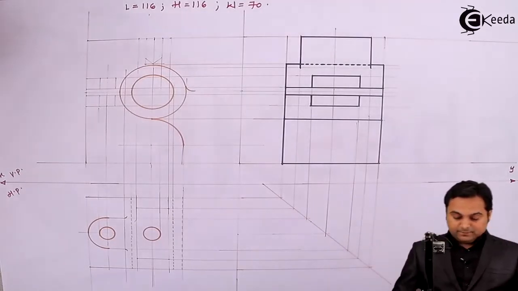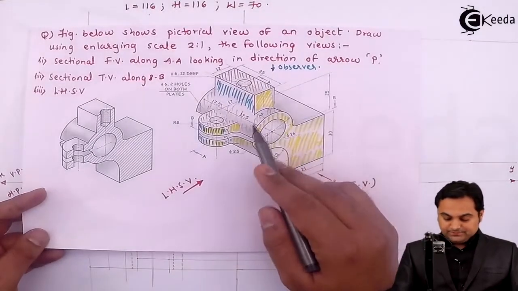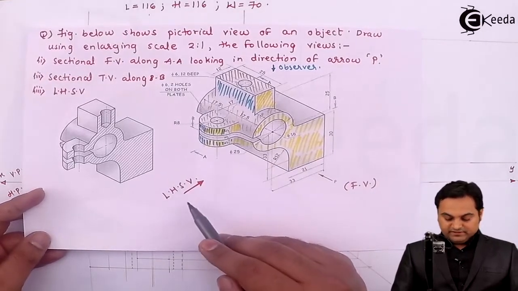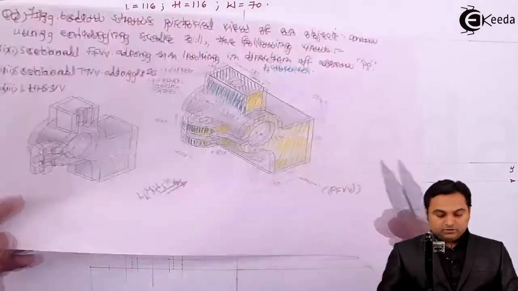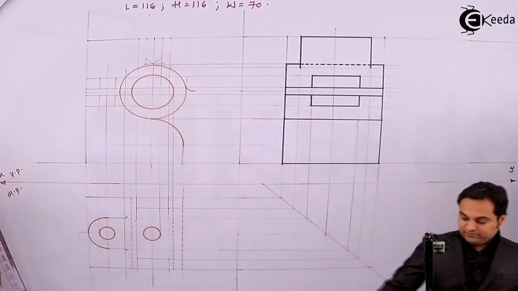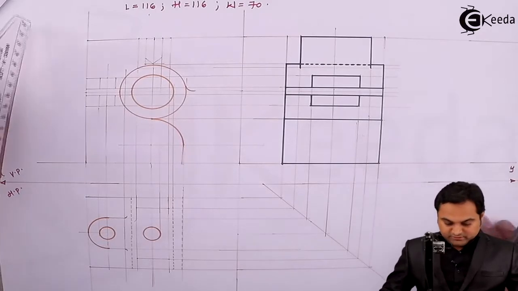Then after this, inside this cylinder there is a circle which won't be seen from the left hand side, means it has to be hidden. So for that, I'll get its height from the front view, and width is there throughout.